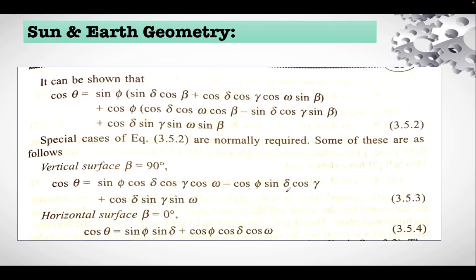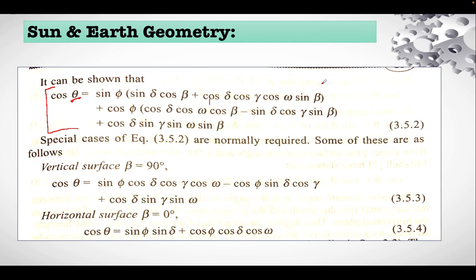Now by using all those angles, we have to calculate the angle of incidence, known as theta. For that we require this particular formula: cos theta is equal to sin phi into sin delta into cos beta plus cos delta into cos gamma into cos omega into sin beta, bracket complete, plus cos phi into cos delta into cos omega into cos beta minus sin delta into cos gamma into sin beta, bracket complete, plus cos delta into sin gamma into sin omega into sin beta.